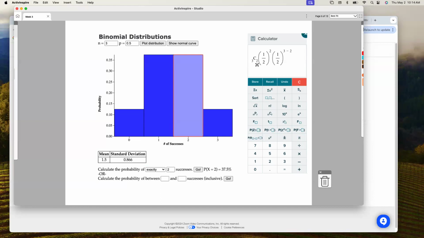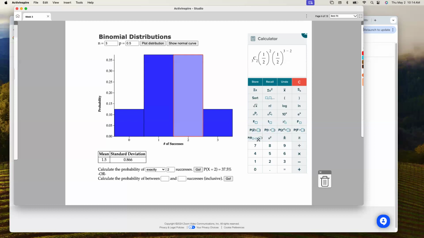Here's the Alex calculator, where I can type it in as you see it here. And if I hit the enter or equals button, I am going to get 0.375 on my screen here. But the Alex calculator doesn't show the calculator command and the solution. So I wanted to leave up here on the screen how you would type it in on the calculator.